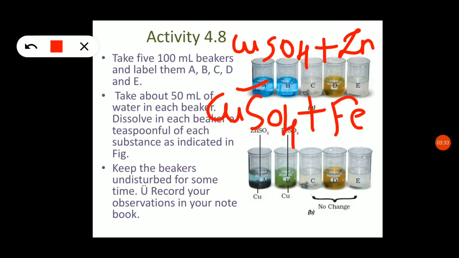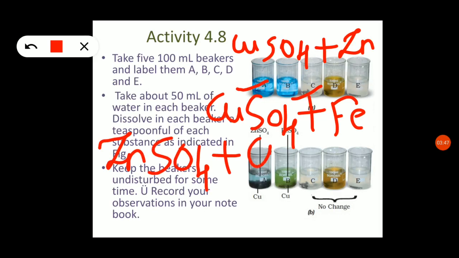And in the beaker C, you take zinc sulfate plus you add copper to it.